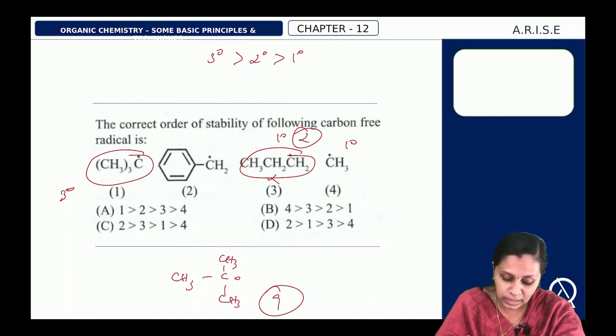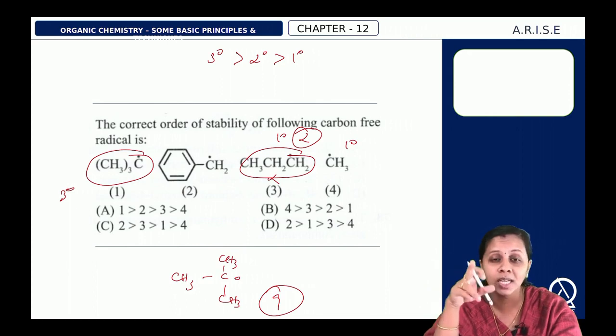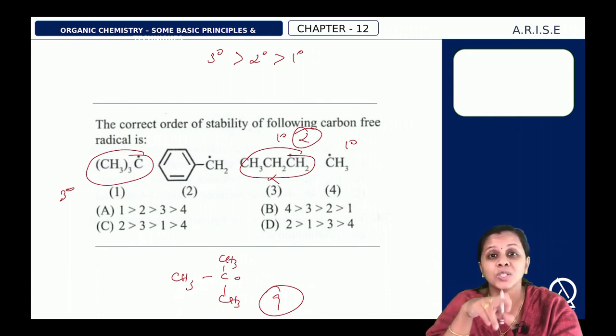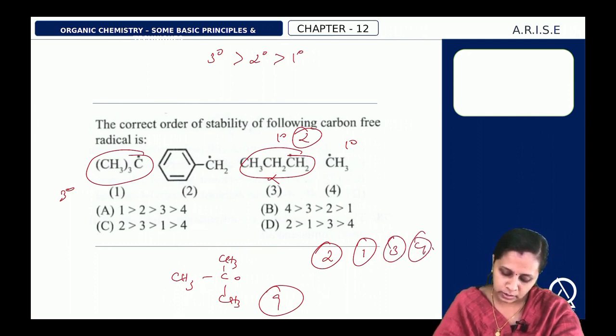What about the second one? It is the benzyl free radical, which has resonance. When you compare stabilization by resonance and hyperconjugation, resonance stabilization is more prominent. So the second one will be the most stable one. Then you have the first one, then the third one, then the fourth one. So 2, 1, 3, 4. So which is the option?